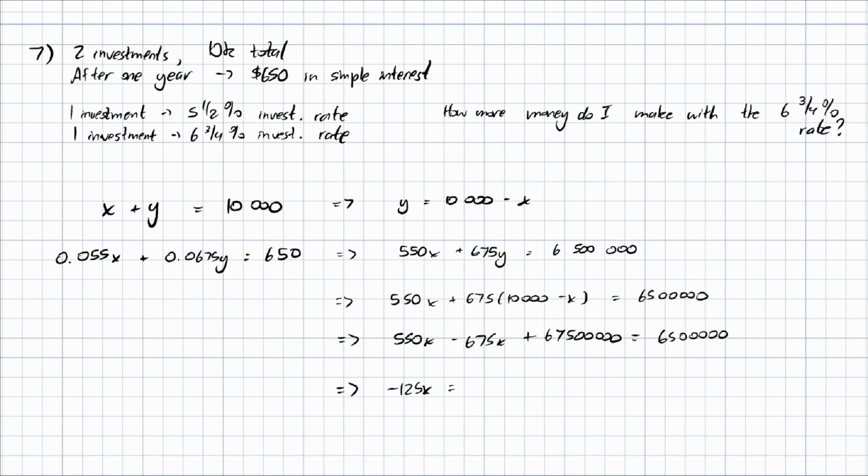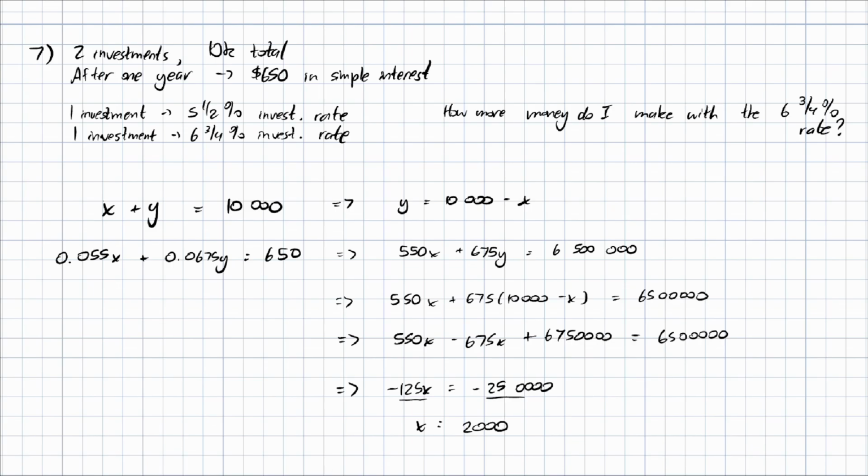Sorry, let me reread my math. 1, 2, 3, 4, then, right, that's right. Okay, so I added an extra 0 here. That made that way too big. So that should just be negative 25 with 4 zeros. Okay, no calculator needed.